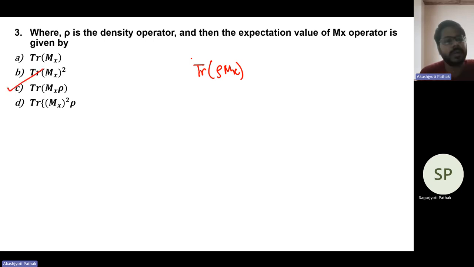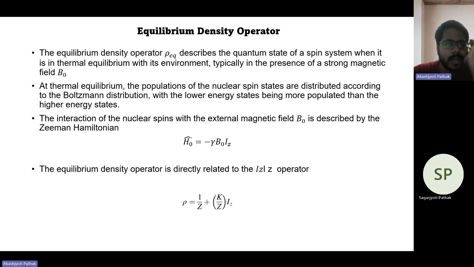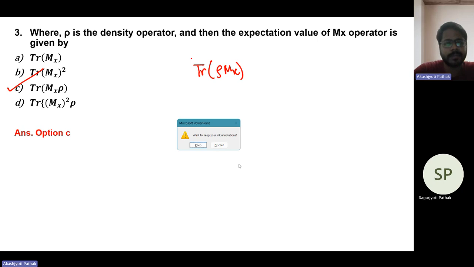So the correct option is option number C. This is a direct question. This does not require any further explanation. The direct question.